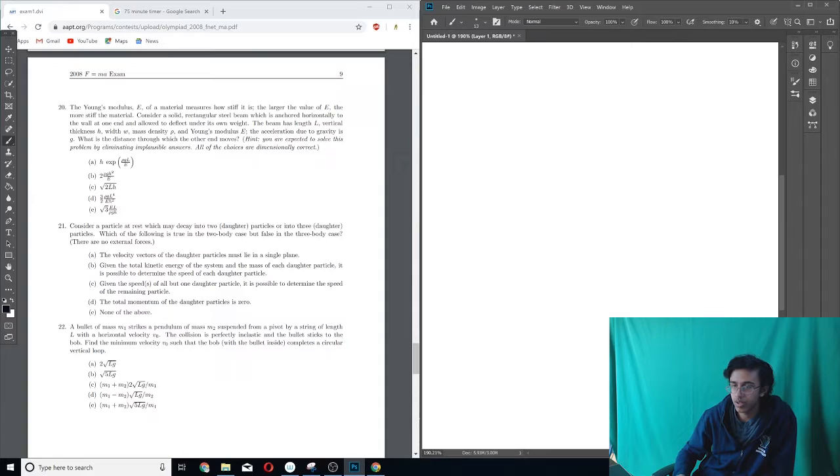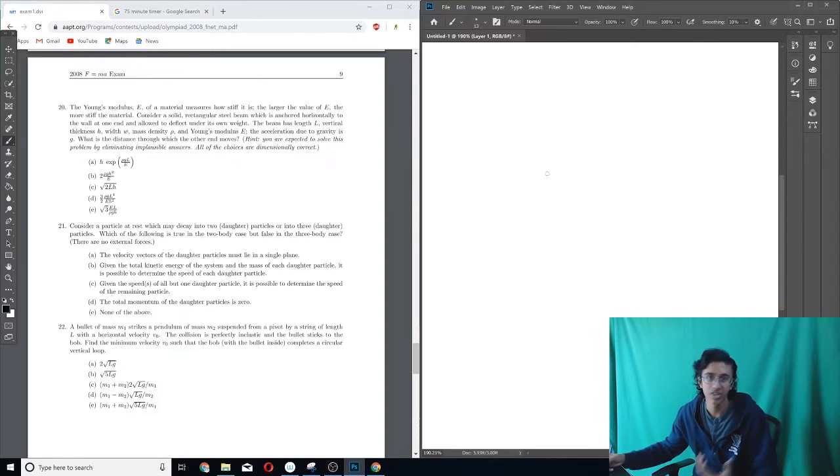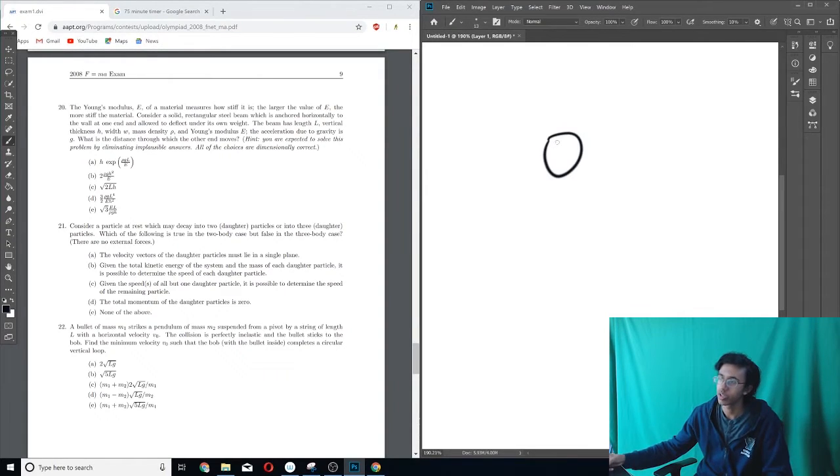Okay. Given the speeds of all but one daughter particle, it is possible to determine the speed of the remaining particle. Okay, hey, perfect. So we don't even have to do anything because this is not true. Because let's say one of the daughter particles goes this way and has speed s1 and the other daughter particle has speed s2.